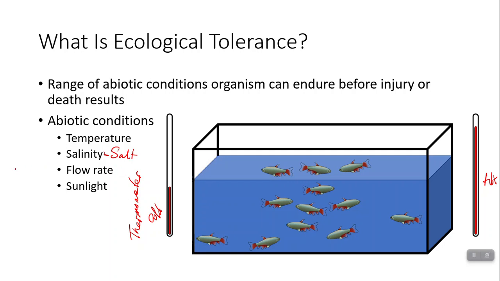This is something you might see in oceans, especially tidal areas, and rivers, not so much in lakes or ponds, which are more still water. And then sunlight is also an issue, especially for producers and plants, because they need enough sunlight to photosynthesize. However, there is such a thing as too much sun. Too much sun can actually damage plant leaves.